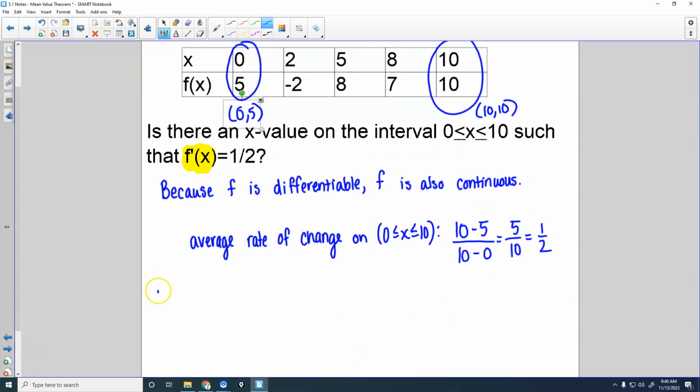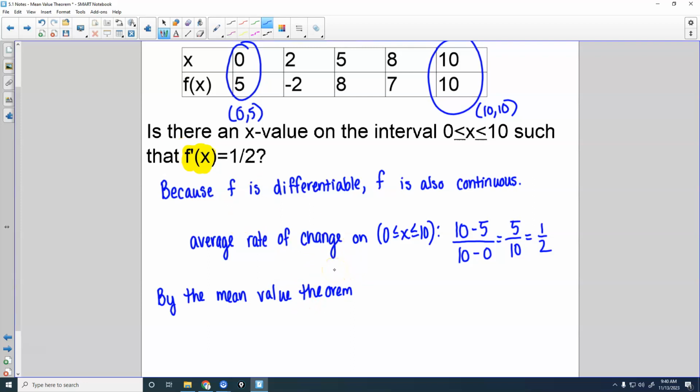And then you would say by the mean value theorem. And basically you're just going to restate what the question was asking you, because here we just found the average rate of change was 1/2, so the derivative has to be 1/2 somewhere on that interval, right? So you would just restate.